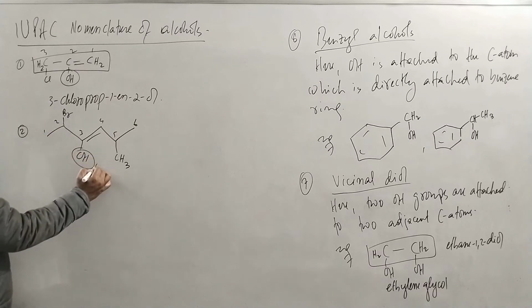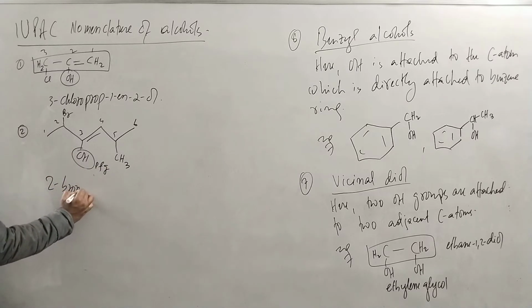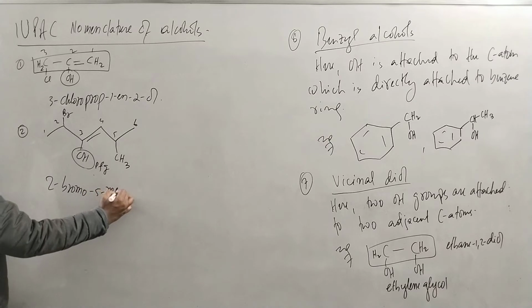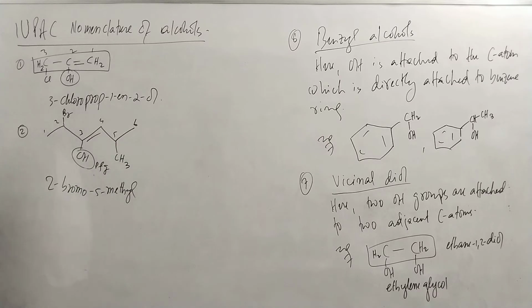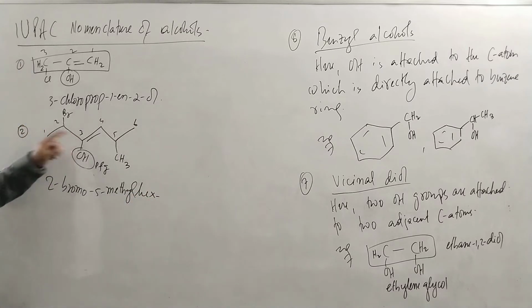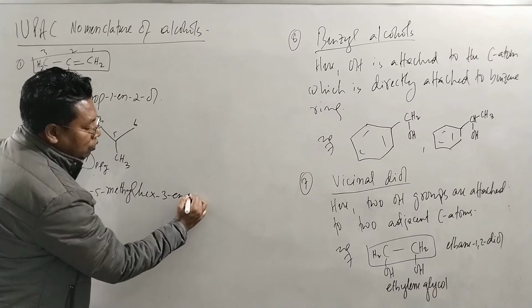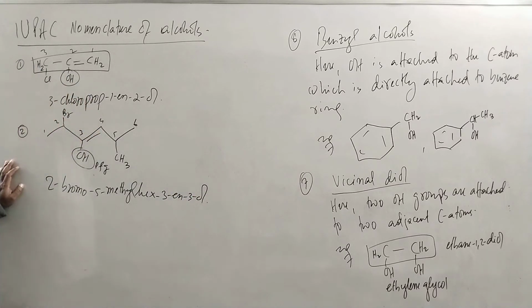So this is our principal functional group. 2-bromo-5-methylhex-3-yn-3-ol. This is an example of secondary alcohol and a vinyl alcohol. Vinyl alcohol because OH is attached to a double bonded carbon atom.